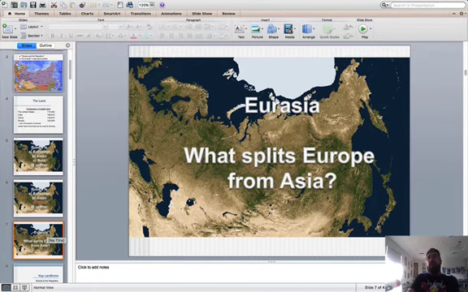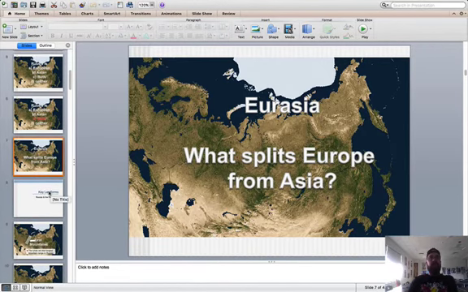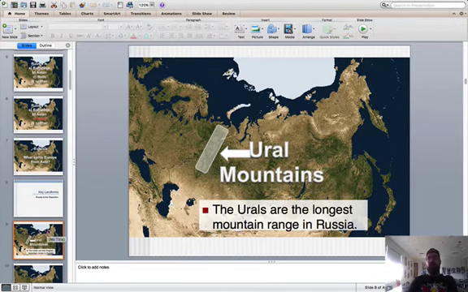So Eurasia, the question here is what splits Europe from Asia? We mentioned this in the previous PowerPoint, and that is, of course, the Ural Mountains. That's the dividing line, basically. So 75% of all Russians live on this side of Russia. The other 25% are scattered abroad, kind of along the southern part of Russia here, near Mongolia and China.